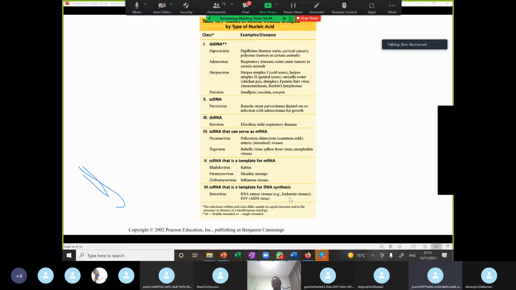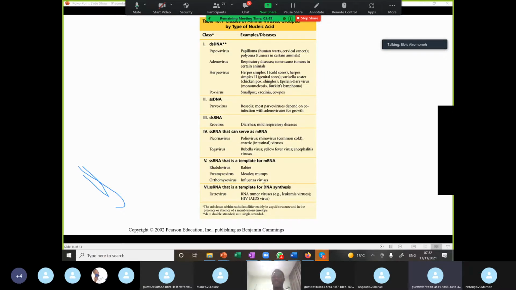I'm sure you must have heard of a retrovirus before. So this uses a reverse transcriptase enzyme to reversely transcribe its own RNA to a DNA and then DNA back to messenger RNA and proteins.